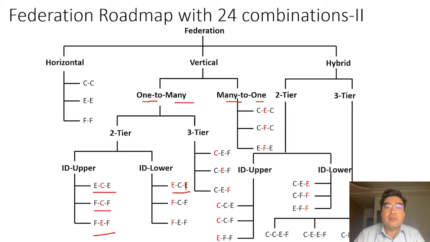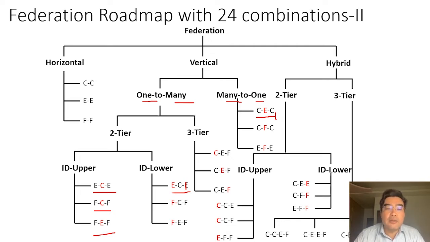Many to one, you see CEC, which means two clouds at the upper tier, and one edge in the middle at the lower tier. So the account is in the edge, and you might move to this cloud, and you would need to retrieve the account information from the edge. So it's still vertical.